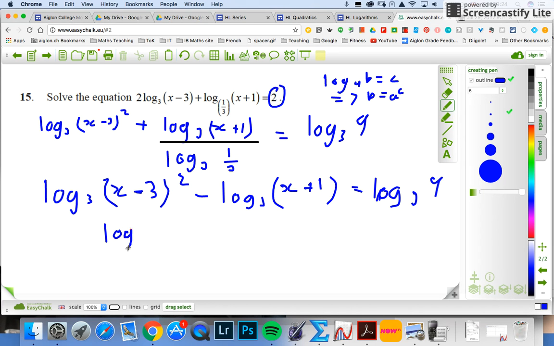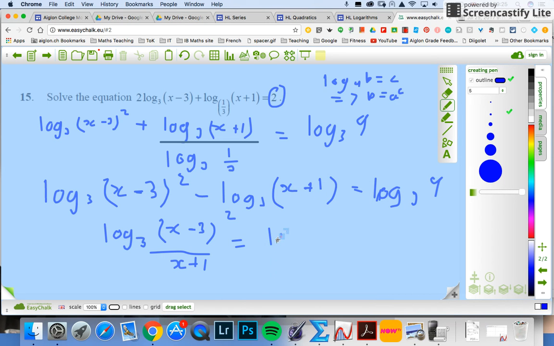So it's going to be log base 3 of x minus 3 squared divided by x plus 1, equals log base 3 of 9. Once I've got all of those done, because these two logs are both log base 3, I can just ignore the log base 3, so I end up with this thing here equals 9.